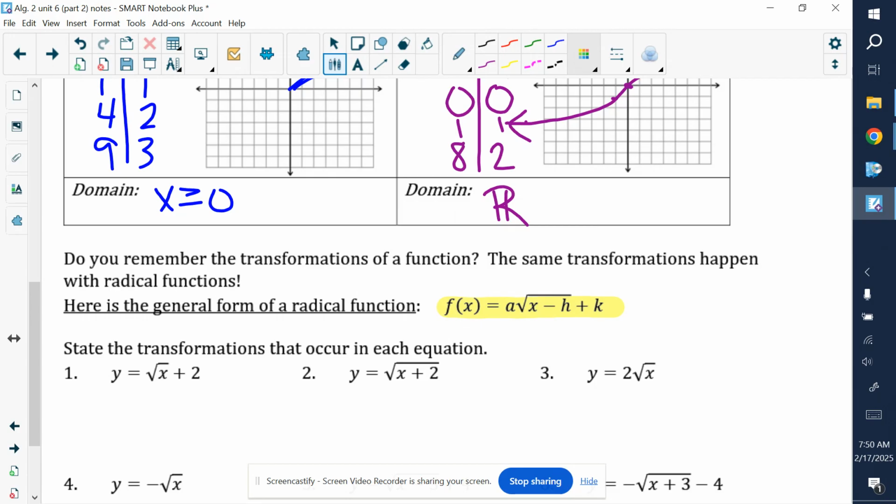The h value, what is underneath our radical, is going to translate our function left and right. If it is minus h, it is going to go to the right. If it is plus h, it is going to go to the left.